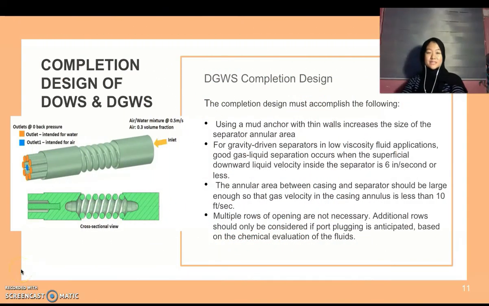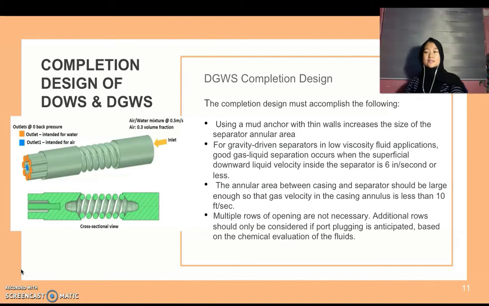As for the completion design of a downhole gas water separator, it uses a mud anchor with thin walls, which increases the size of the separator annular area. Secondly, it uses a low viscosity fluid application, for the gravity driven separator.